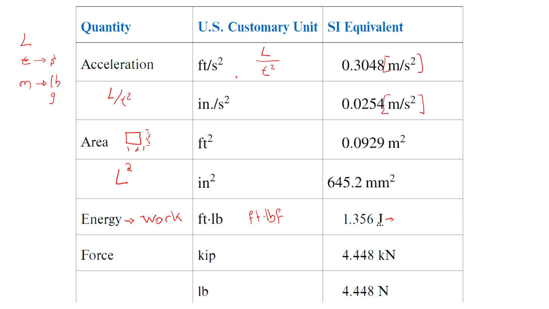Joules is kilograms meter squared per second squared. So basically work is mass times length squared over time squared.